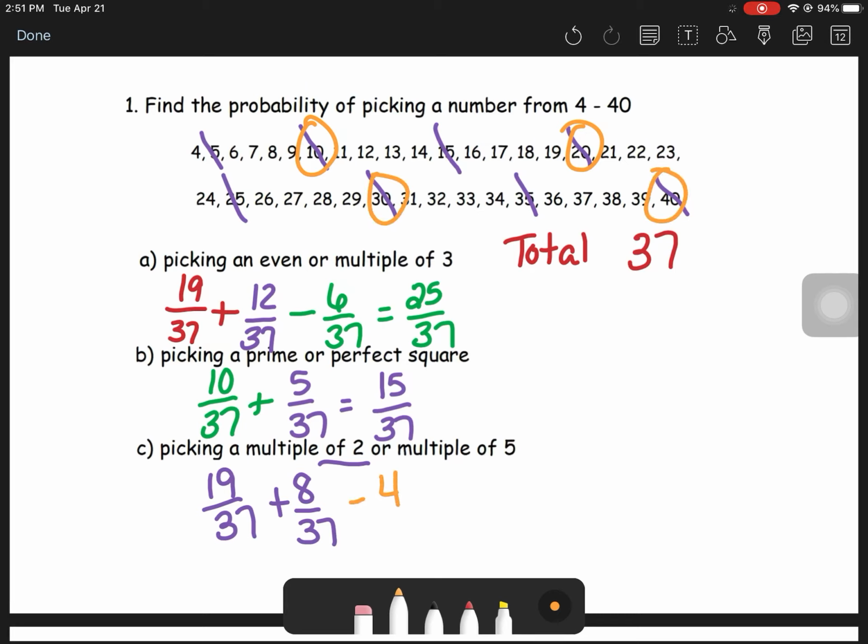So we're going to take those 4 away because we didn't want to count them twice. So 19 plus 8 is 27, minus 4 would be 23. So we'd have 23 out of 37 as our probability of picking a multiple of 2 or a multiple of 5.